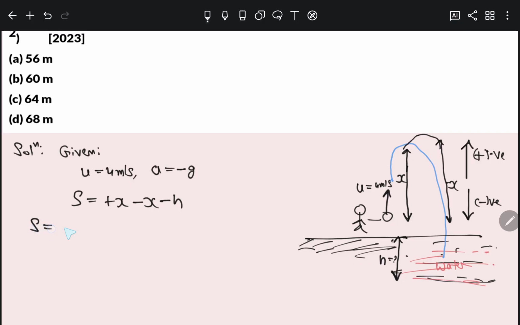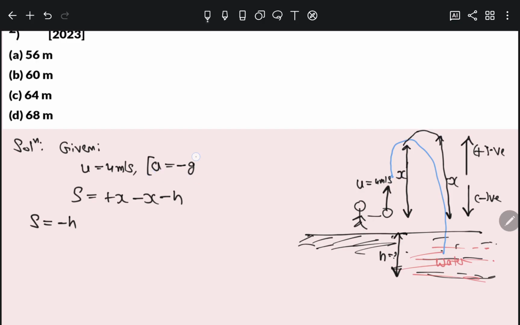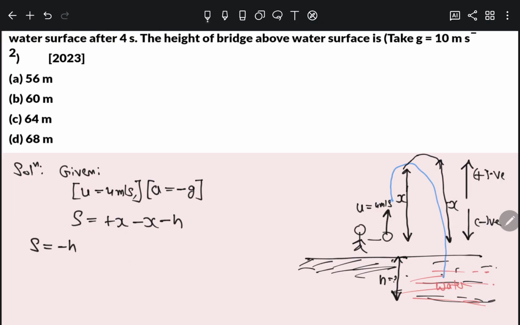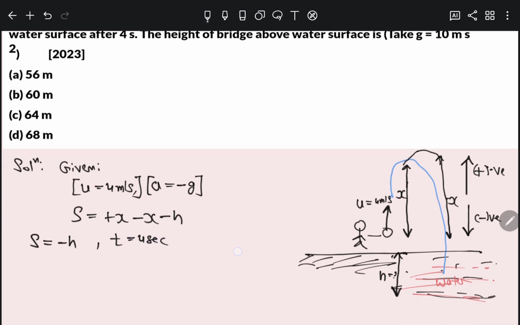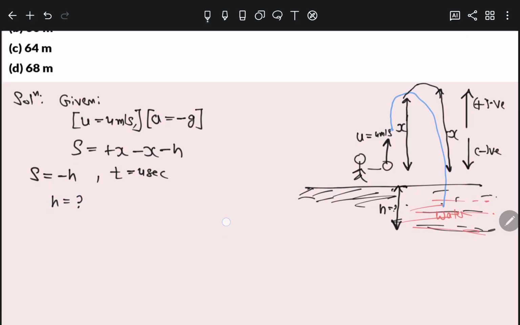So total displacement is minus h. Acceleration due to gravity is minus g, and the time taken to reach the water surface is 4 seconds. They are asking the height of this bridge.